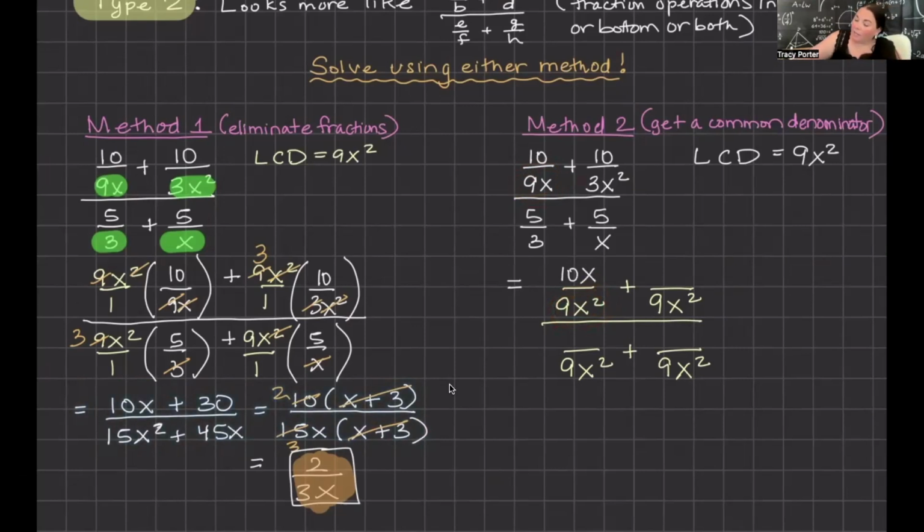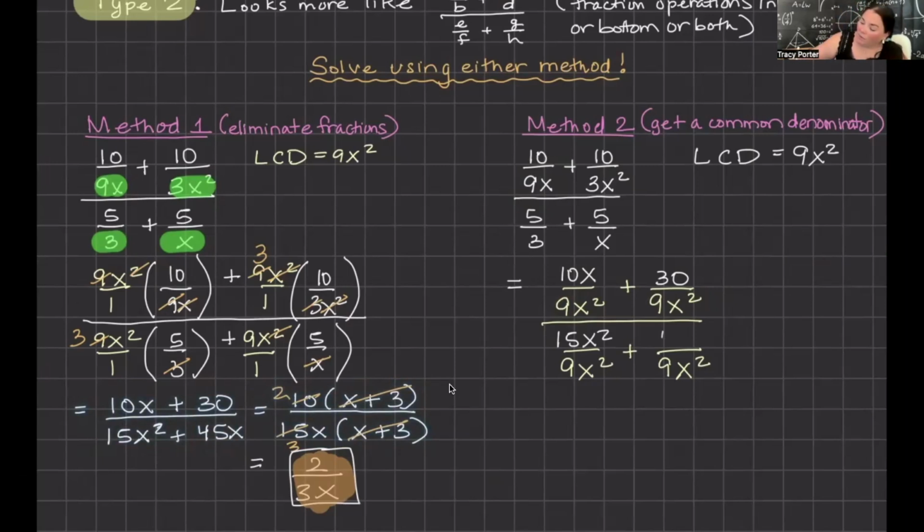For the second one, we're going to multiply the top and bottom by a 3. For the next one on the bottom, we're going to multiply by a 3x squared. So that's going to be 15x squared. And then finally, for the last one, we can multiply the bottom by a 9 and an x.